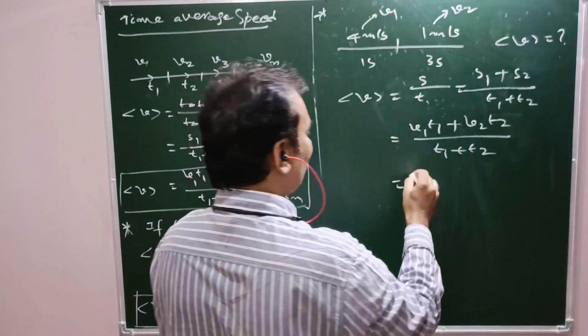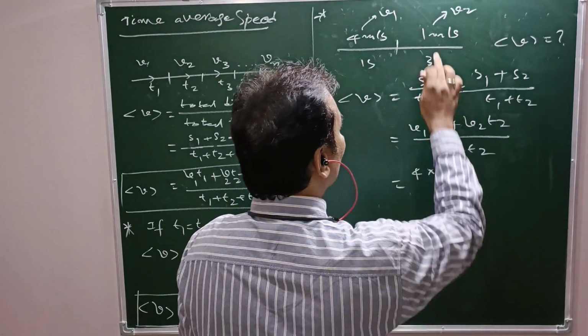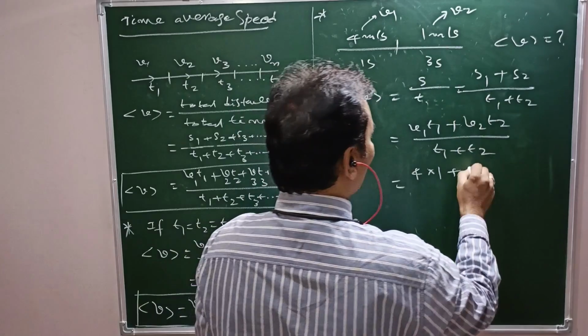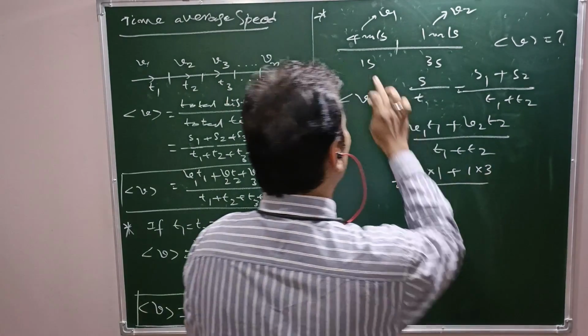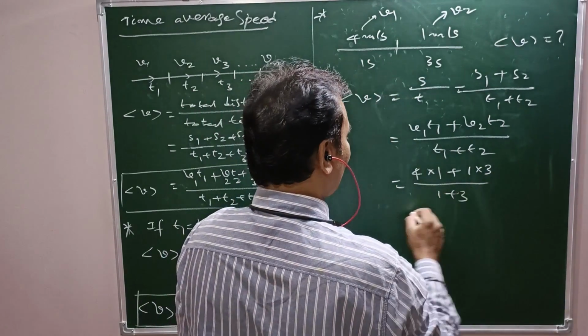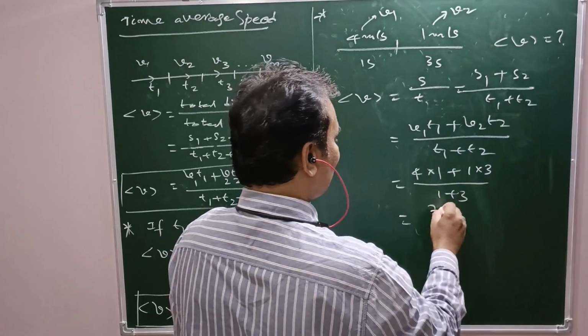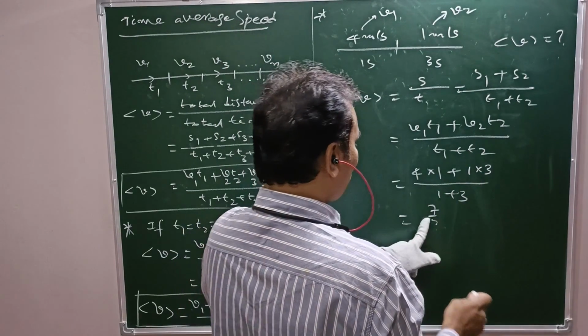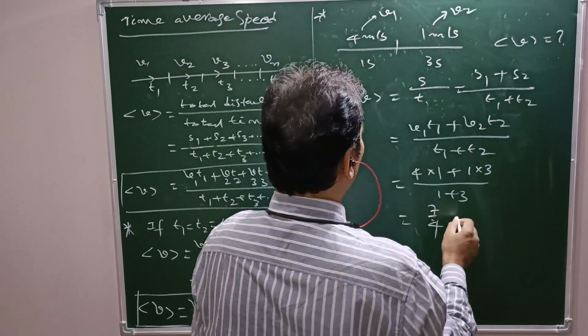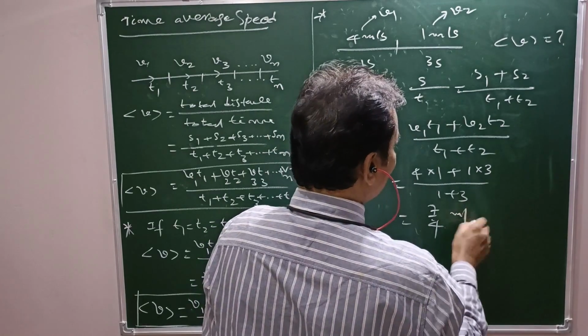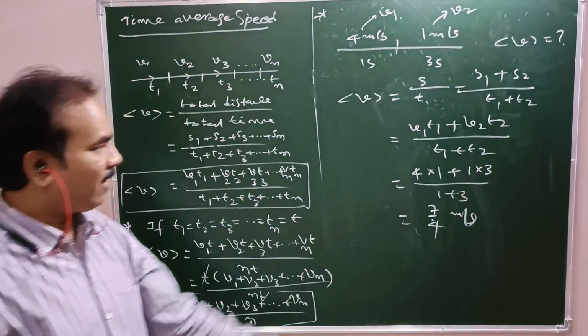So 4 into 1 plus 1 into 3, divided by 1 plus 3. So 4 plus 3 is 7, by 4, which is 7/4 meters per second. This is the average speed.